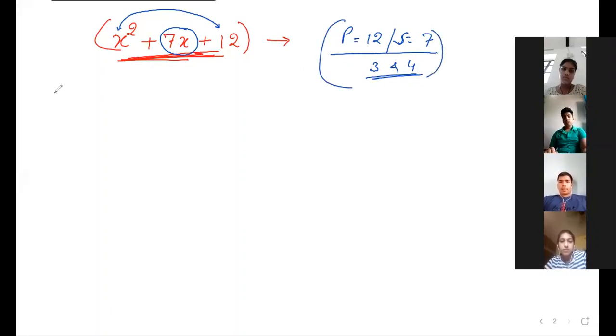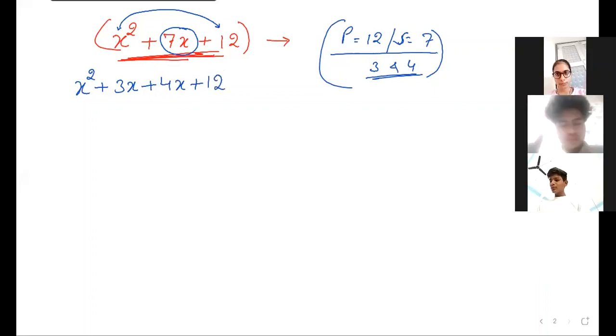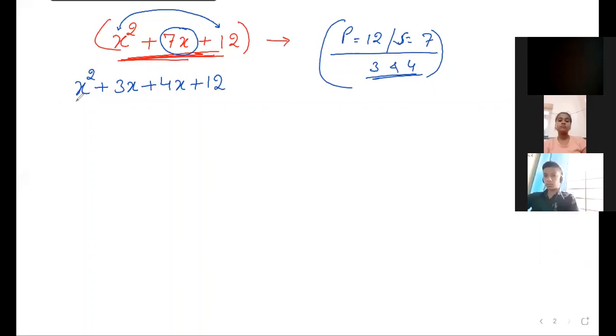So 3 and 4 are the factors. So we will rewrite this polynomial as x squared plus 3x plus 4x plus 12. So this is how we will write it. And after this, what we are going to do? In the first two terms, x is common.